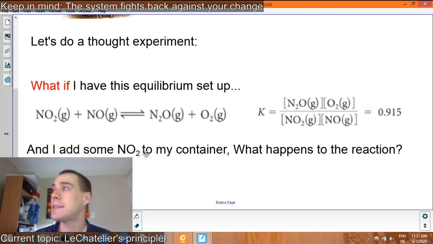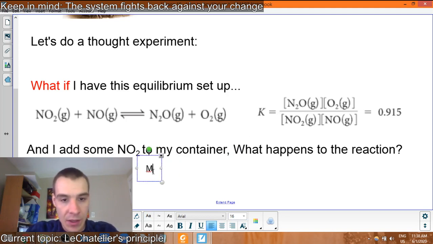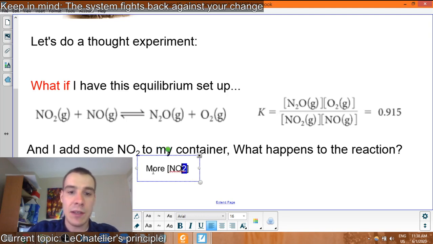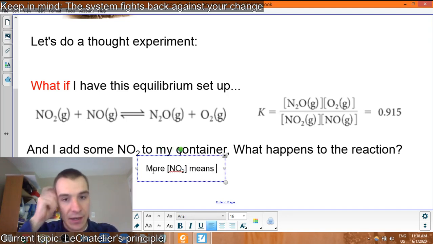What happens if I add some NO2? What if I increase the amount of NO2? Well, let's think it through based on what we've already learned about reaction rates. More NO2, I'm going to use that shortcut that we use. More concentration of NO2 means what for the reaction rate?